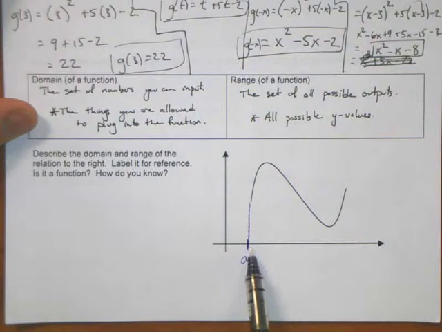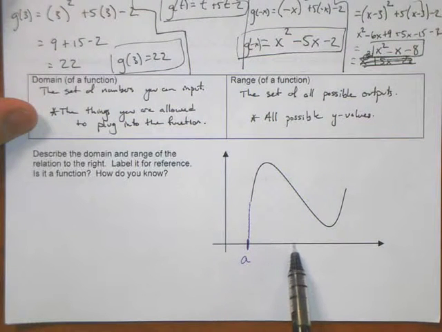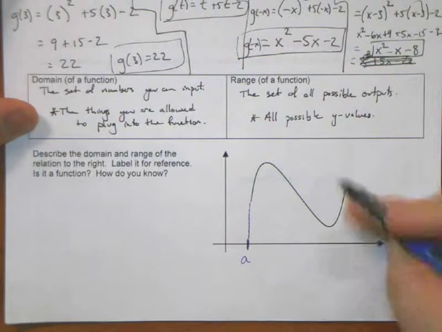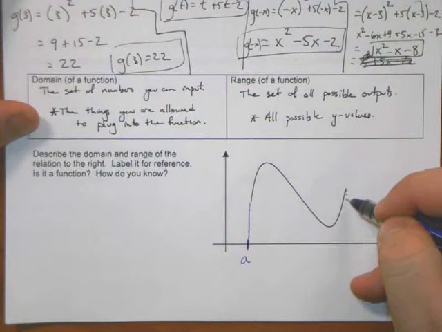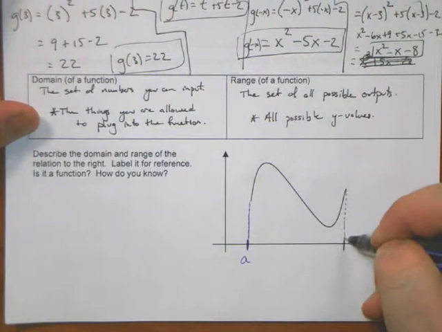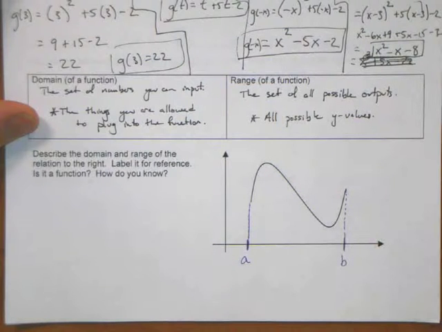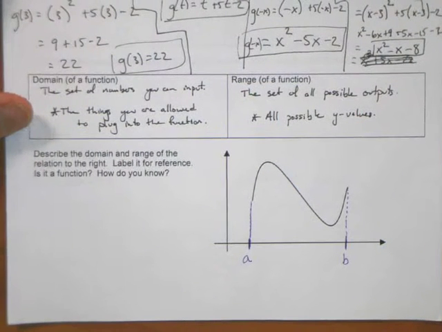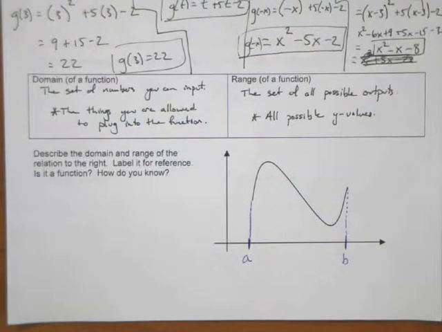And then from A to the right, it looks like my function travels. I keep plugging in numbers. I get good stuff until the bitter end. And whatever this value happened to be, the domain is anything in between these two things.